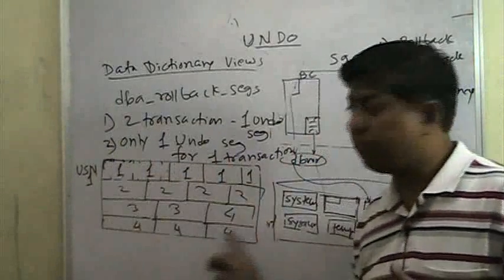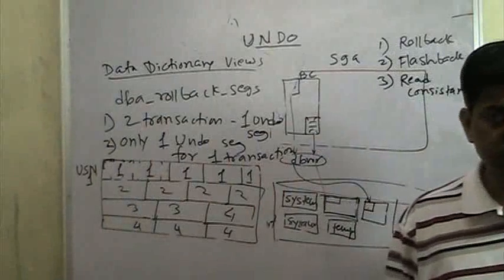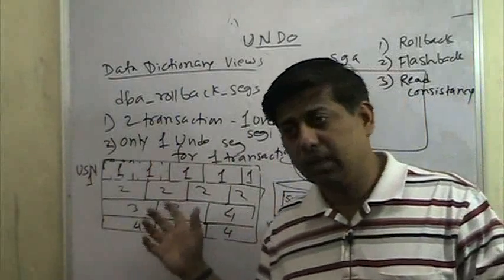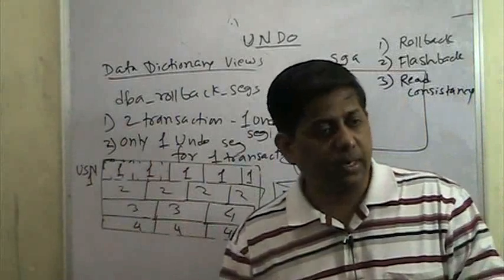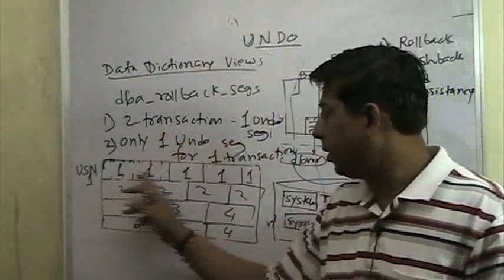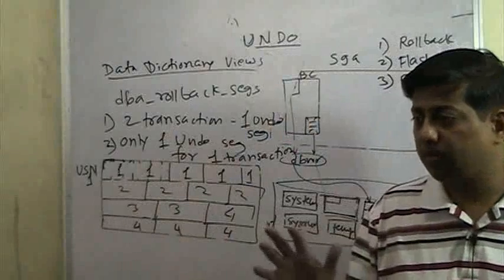Even if there is space available in 2 or 3 or 4, I will not be able to use that. This is how the architecture is. Why not use the second and third? I think internally it is probably very difficult to write algorithms to manage all of that. So Oracle says, once I assign you undo segment number 1, till you finish your transaction, you will be with undo segment number 1.